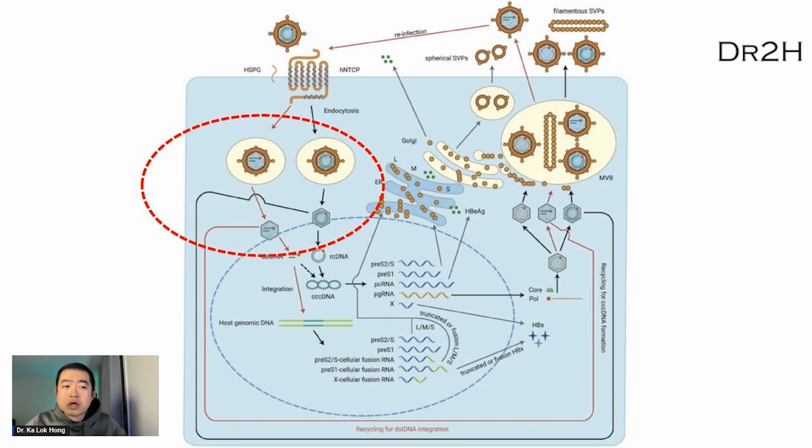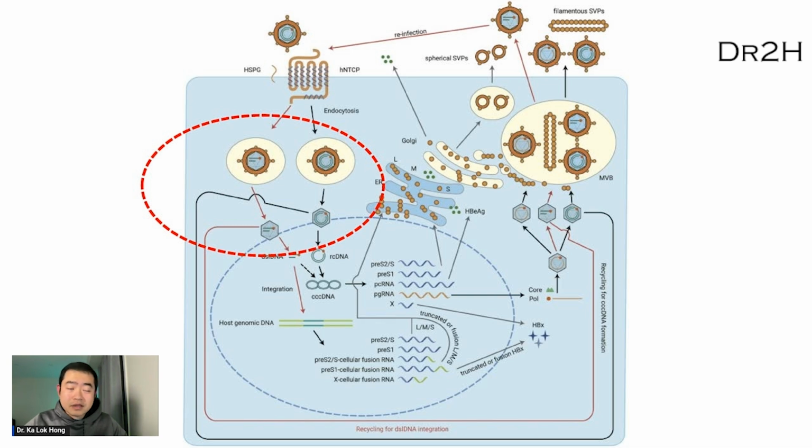But because the partially double-stranded DNA is an abnormality in the human cells, the cells can recognize this abnormality and repair it to form something called closed circular DNA, abbreviated here as cccDNA. This cccDNA is then transcribed into either messenger RNA or pre-genomic RNA.